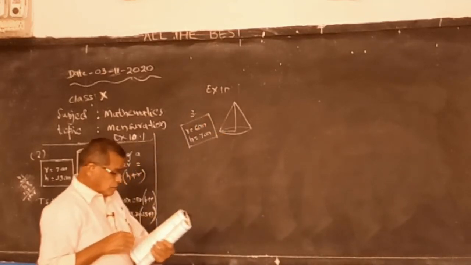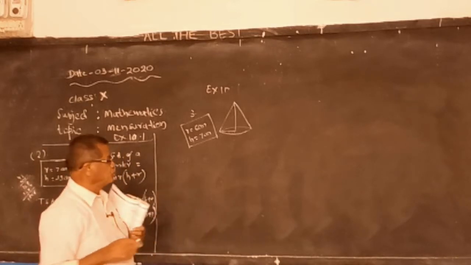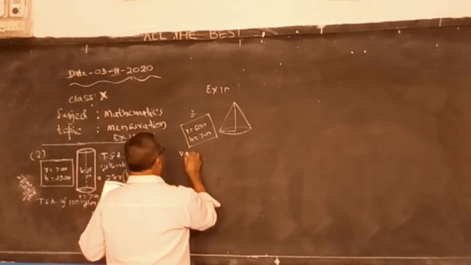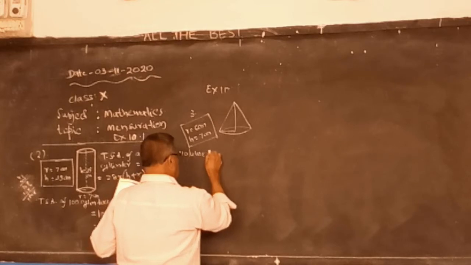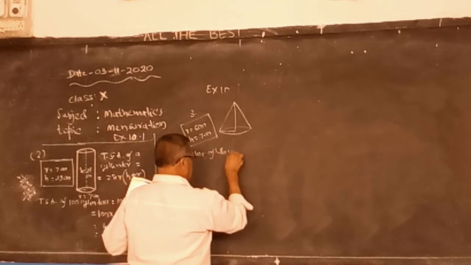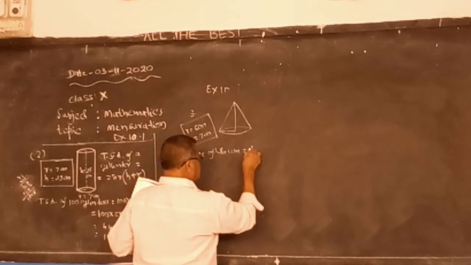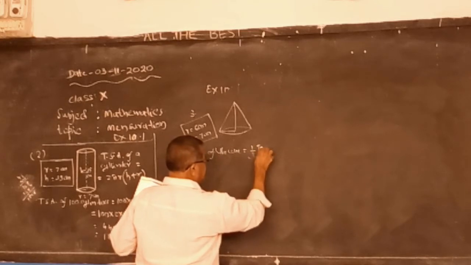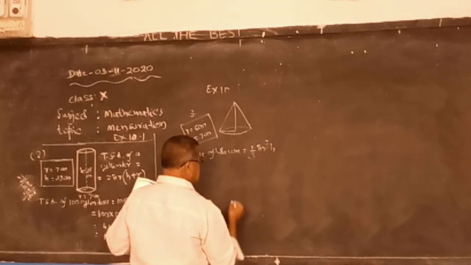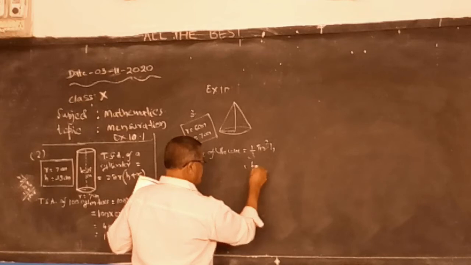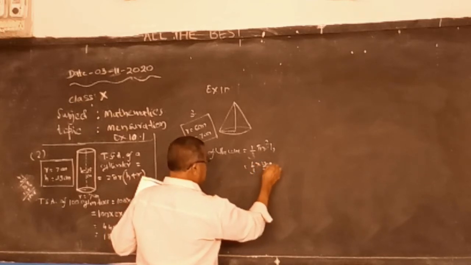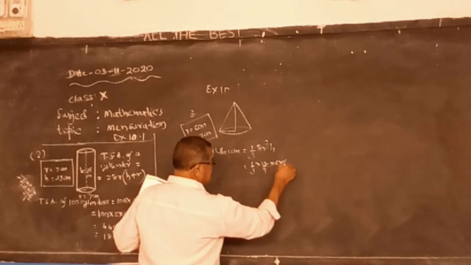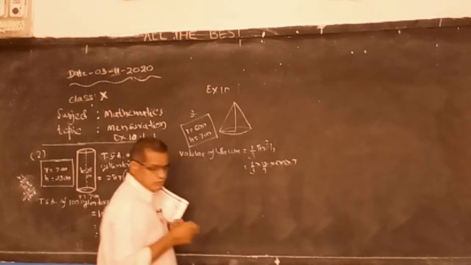In this, the third problem is asking the volume of the cone. Volume of the cone is equal to the formula 1 by 3 pi r square h. Substitute the values: 1 by 3 pi 22 by 7, r 6 into 6, h value 7.